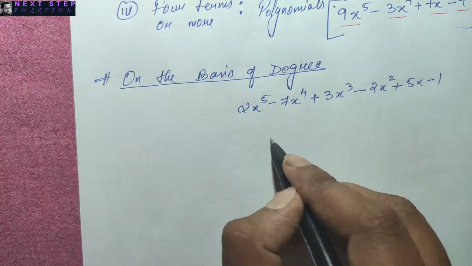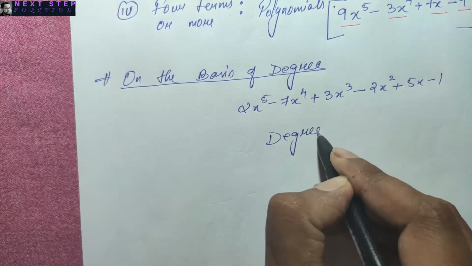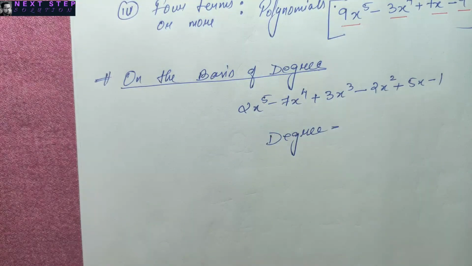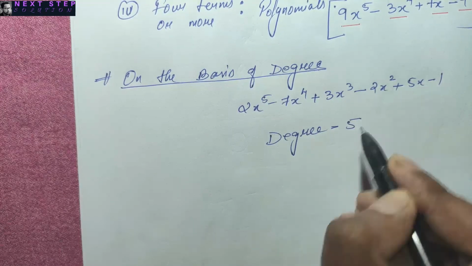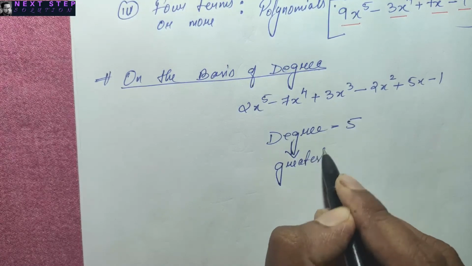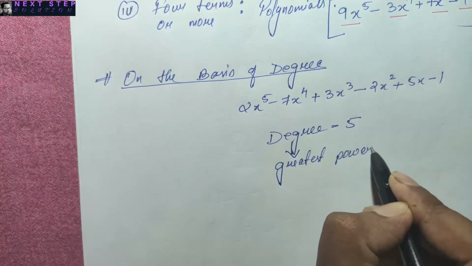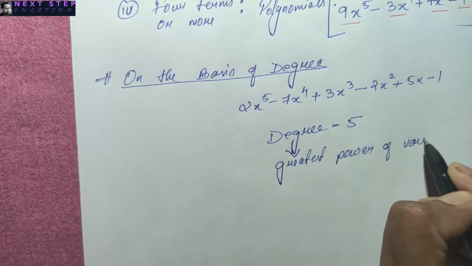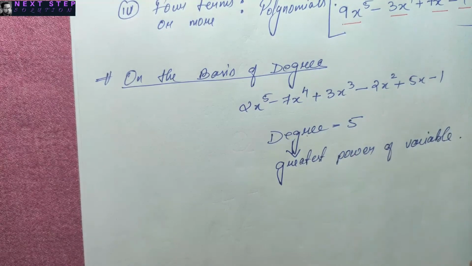What is the degree? The degree means the greatest power of the variable. What is the greatest power here? The greatest power is 5. So this is of degree 5.